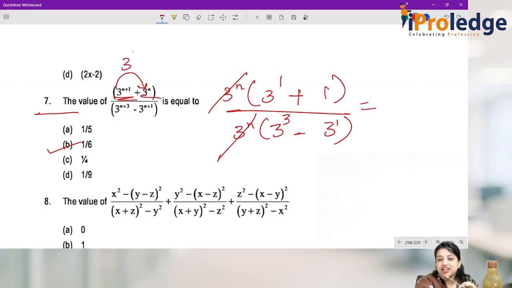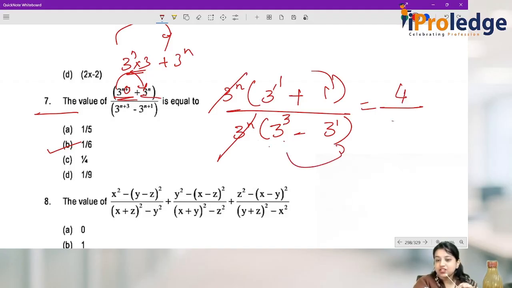This is taken as 3 to the power of n into 3 plus 3 to the power of n, because we have plus and now we have into. Take common. It will be equal to 3 plus 1, which is 4. What is 3 cube? 27 minus 1, 24. 4 ones are 4, so that's 1 by 6.